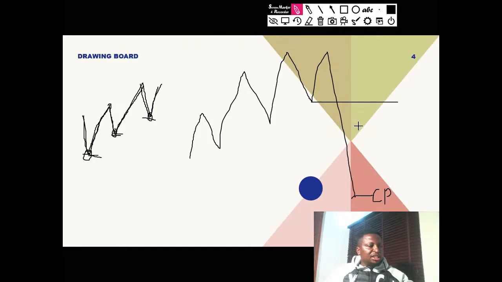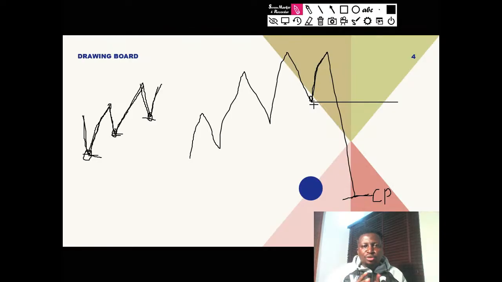Now, in a situation like this, you will observe that it is at this point that price was selling, that buyers came and market started to go up. But I am of the opinion that at this point, this support is no longer a support, it's now a resistance.